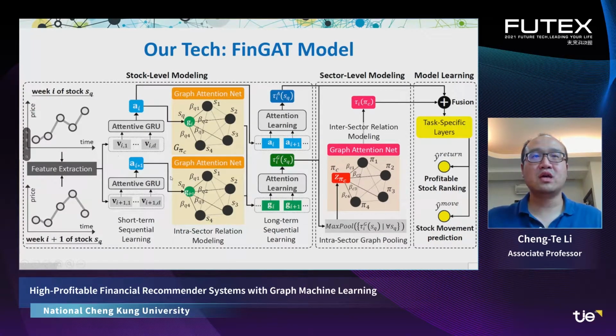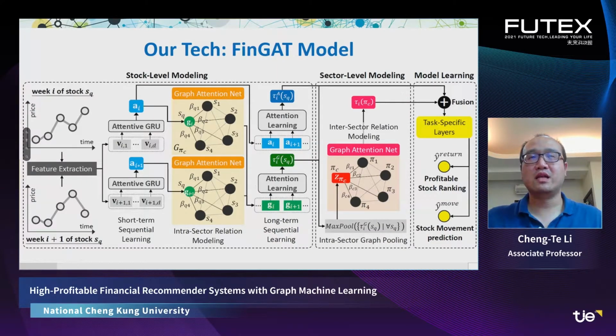Then we use a graph attention network to model how stocks, or how these companies, are influenced by each other. Then we aggregate the obtained feature representation from the graph neural network to generate the short-term stock representation. And again, we apply the sequential model GRU to model their long-term sequential feature representation.